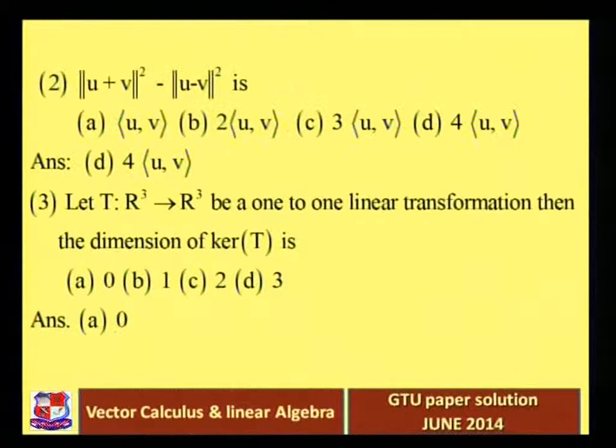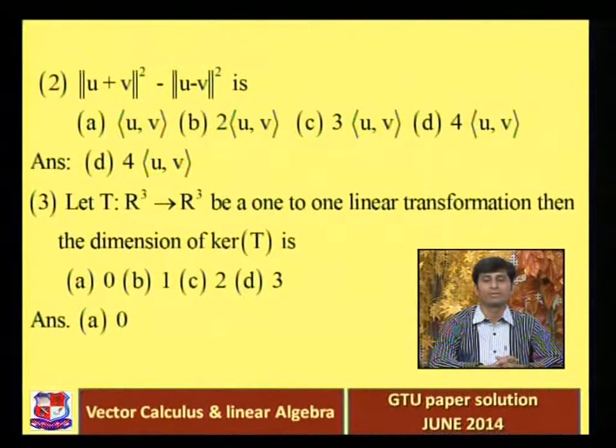Next question B 2. This is a theorem. Then norm u plus v whole square minus norm u minus v whole square, that is 4 inner product uv, right? That is one result which is given in the books of the second semester.